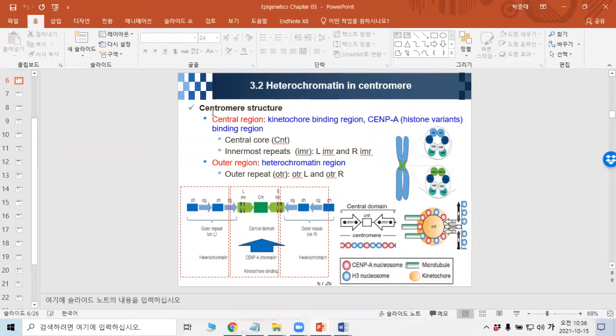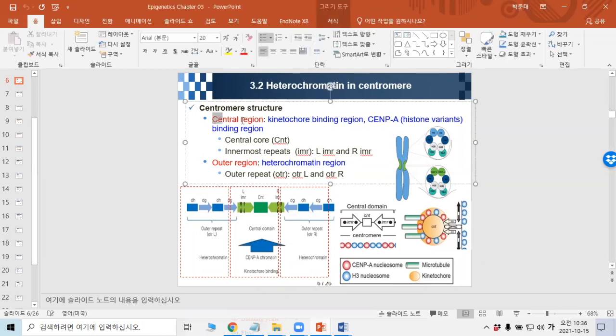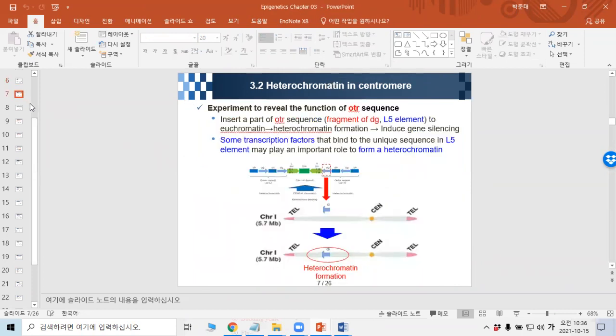The centromere structure is composed of the central region and the outer region. The outer region is the heterochromatin region, composed of the OTRL and OTRR. I also explained this experiment, which is very important for the midterm exam.